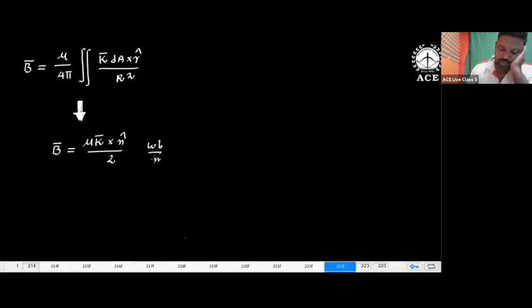Units are Weber per meter square. So what is the magnitude of the B vector? The magnitude of the B vector is equal to mu into K by 2.